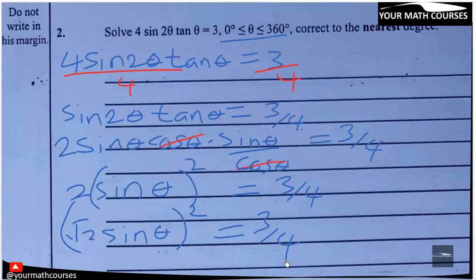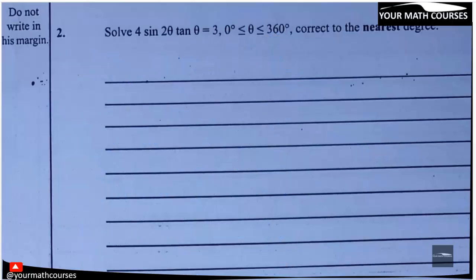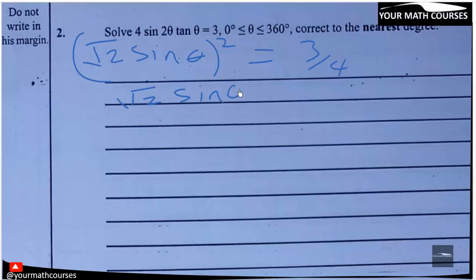So now we can take the square root of both sides. So remember we have root 2 sine theta all squared is equal to 3 over 4. So taking the square root of both sides, we get root 2 sine theta is equal to plus or minus the square root of 3 over 4. When we split the square root, we get plus or minus square root of 3 over 2, because the square root of 4 is 2.